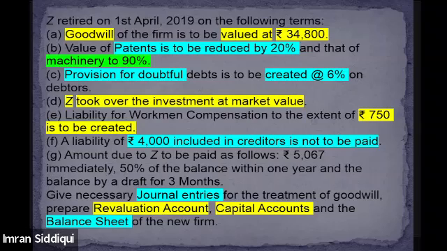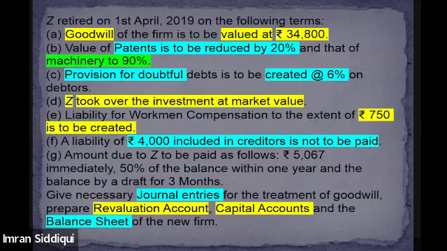We need to pass the journal entries for the treatment of the goodwill and prepare the revaluation account, capital account, and the balance sheet. So there are many requirements in this question. I think we should first do the journal entry.